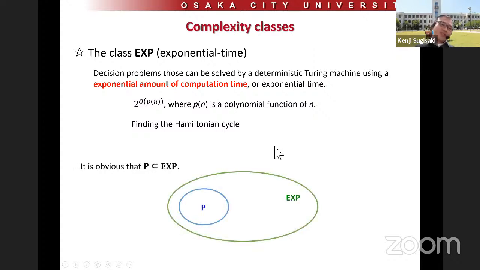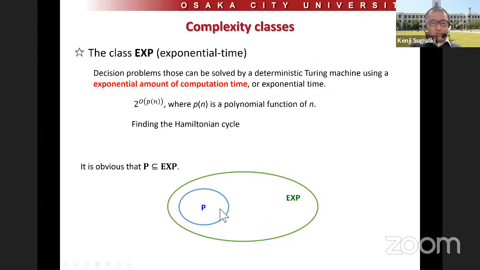It is obvious that P is included in exponential. This means the problem that can be solved in polynomial time is also solvable using exponential time. But the problem that needs an exponential amount of time is not necessarily solvable in polynomial time.